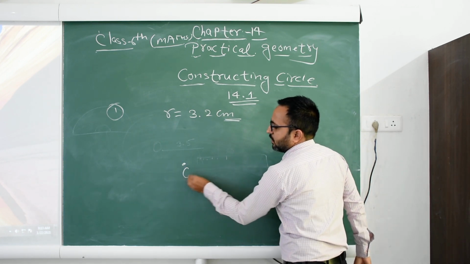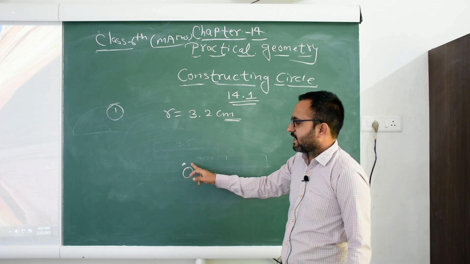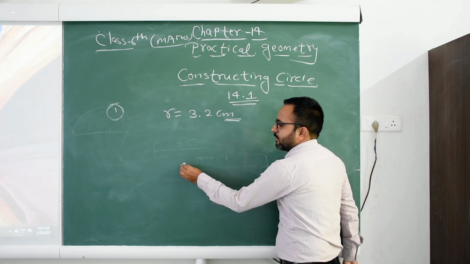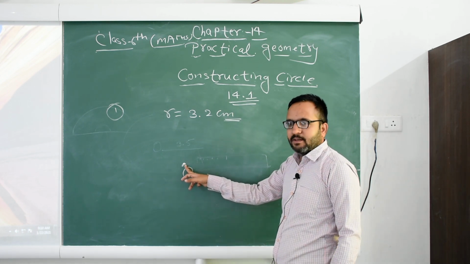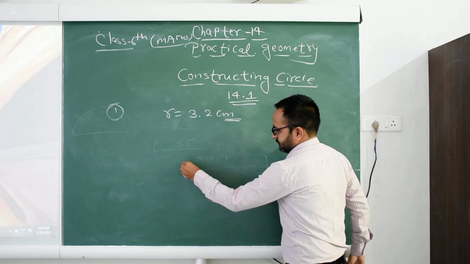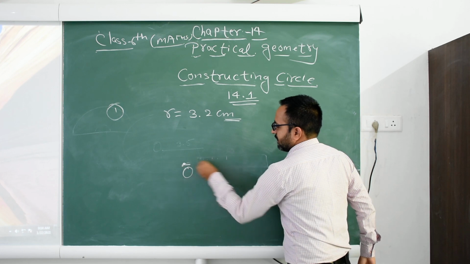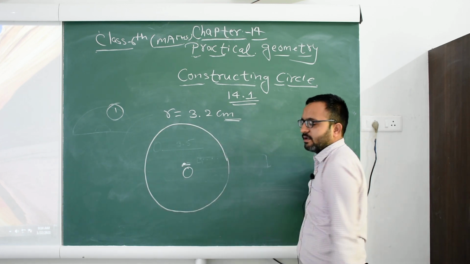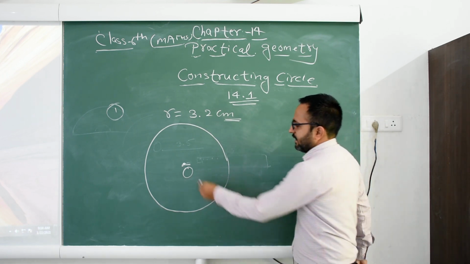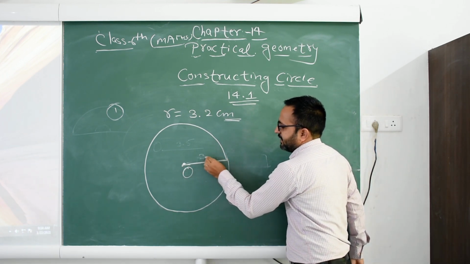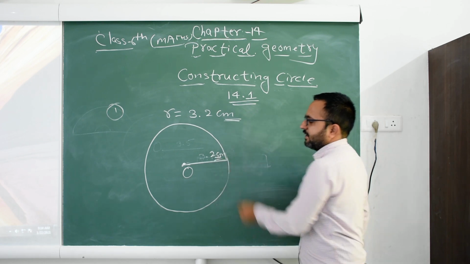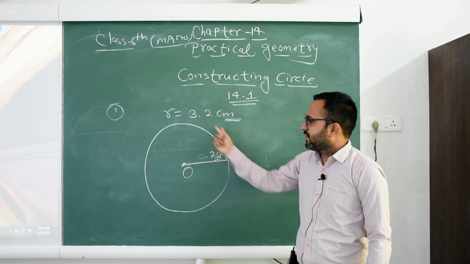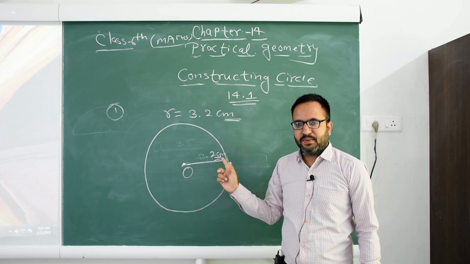First of all mark point O and put one part of the compass here, and slowly move your pencil like this. This is your 3.2 centimeter. So this is called a circle of radius 3.2.